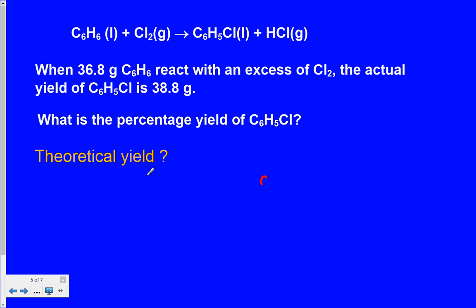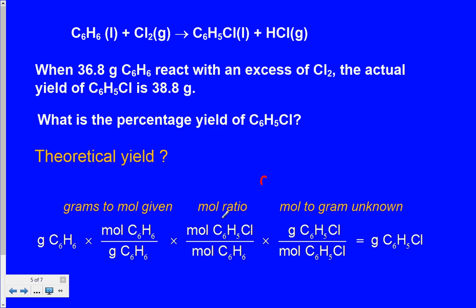So we have to figure out our theoretical yield, right? To do that, we have to set up our ratios. We start with the grams of benzene. We have to change those grams to the moles. This is our grams given.